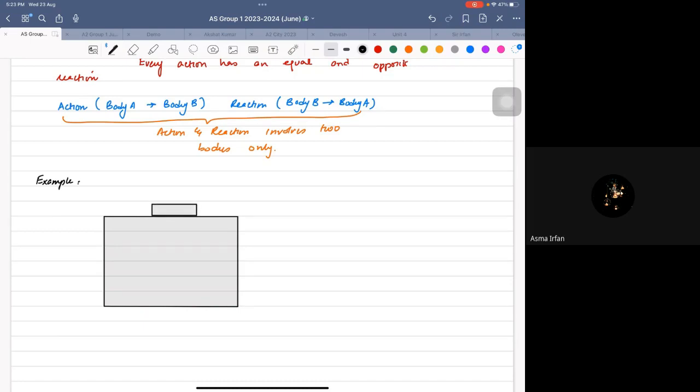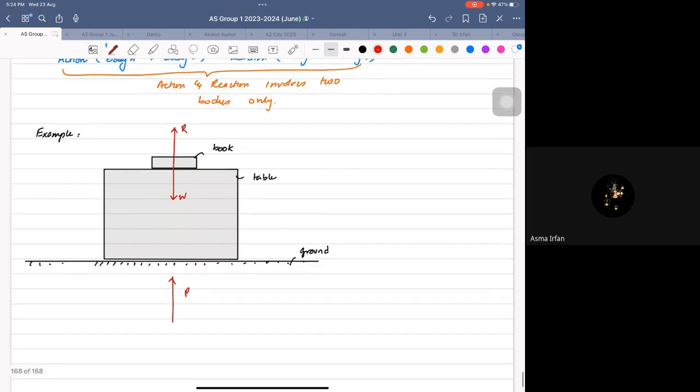And then obviously the table is on the ground. So right now we have book, table, and ground. Now they have shown some forces. They have shown W, R, P, and Q, like that.